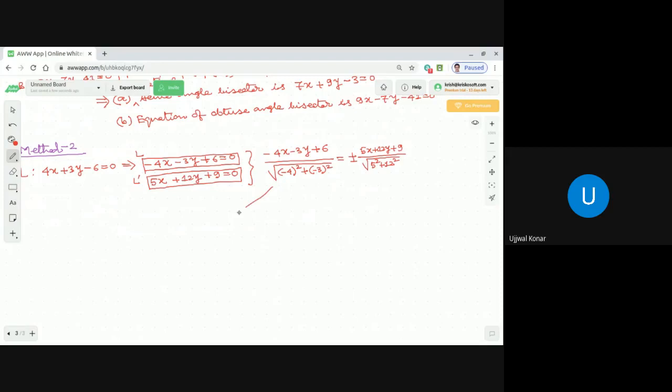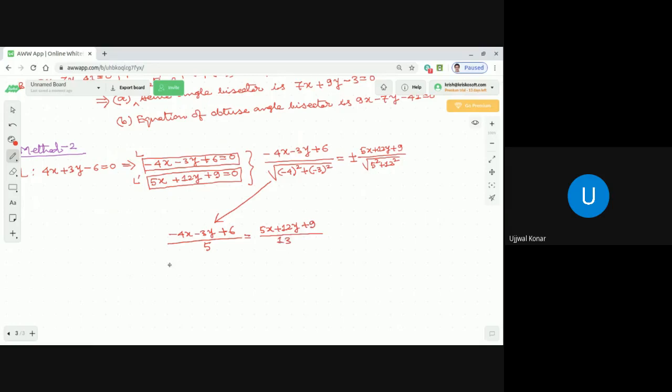If we take the plus one, then we are going to get minus 4x minus 3y plus 6 divided by square root of minus 4 whole square plus minus 3 whole square, that will be actually 5, is equal to 5x plus 12y plus 9 divided by square root of 5 square plus 12 square, which is actually 13.